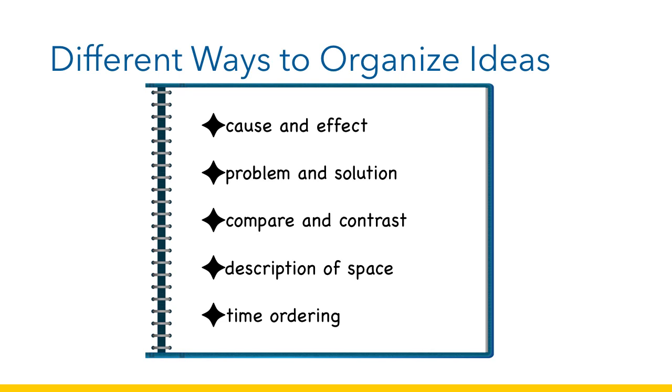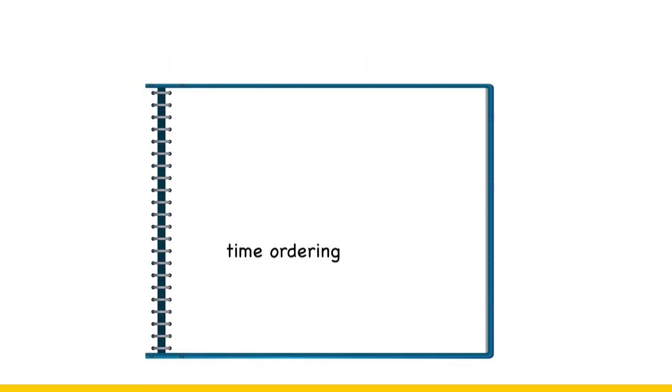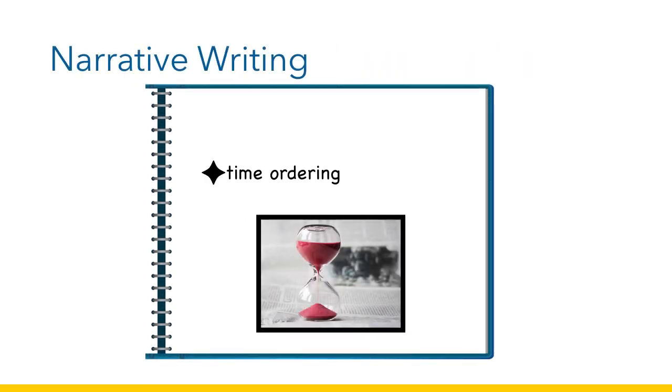When we write narrative pieces, we use time ordering to show that one thing happened before another thing.